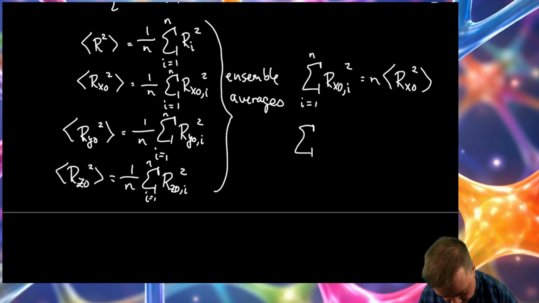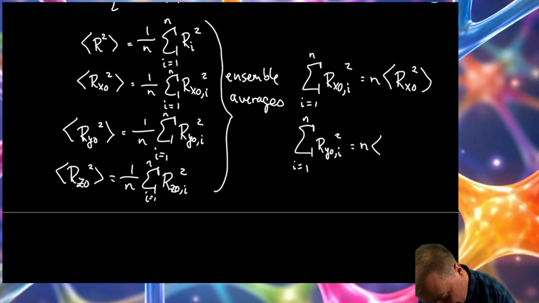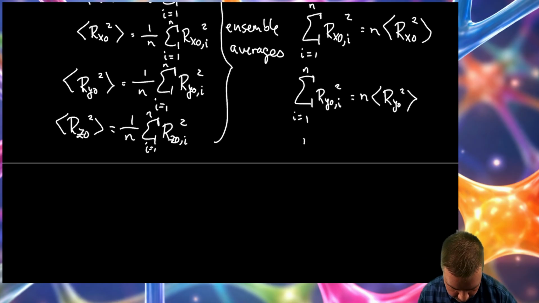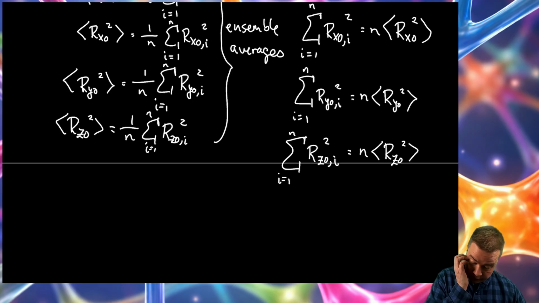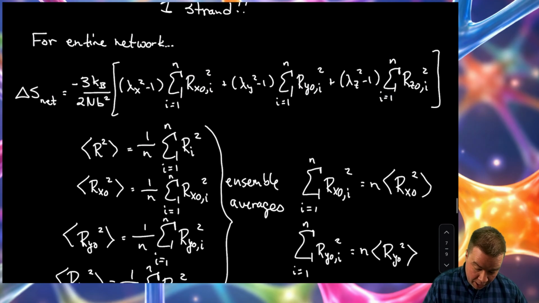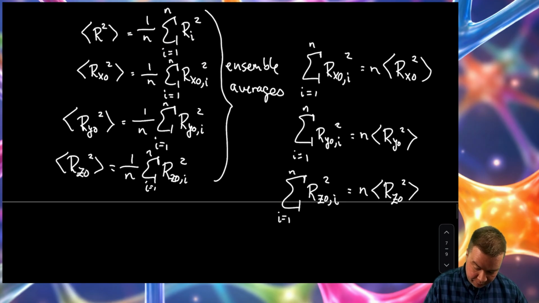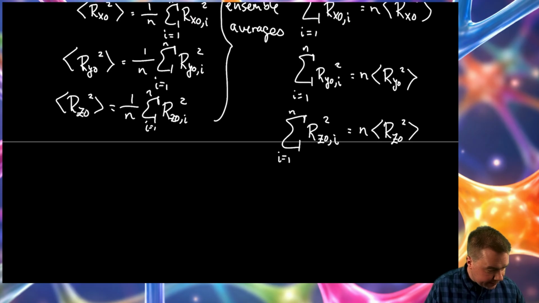The summation as i goes from 1 to n of Ry0,i squared is equal to n, again, times the mean squared value. And why not? Let's just do it for z too. The summation of Rz0,i squared is, again, n times the mean squared value across the material. So now we can just substitute in for those values. We've got n, we have the Ry0s, Rx0s, all that stuff.